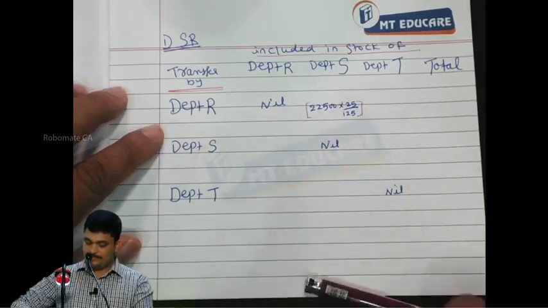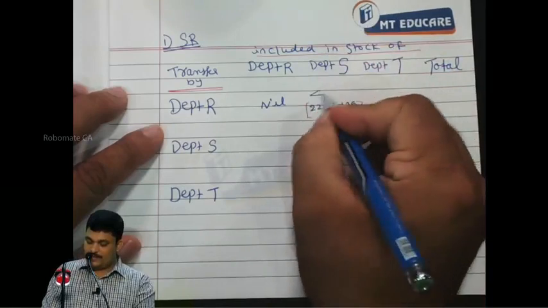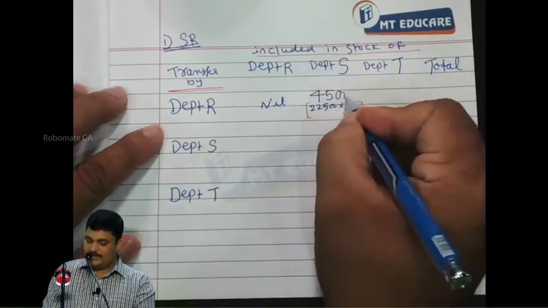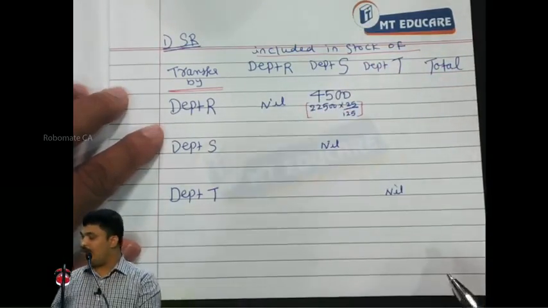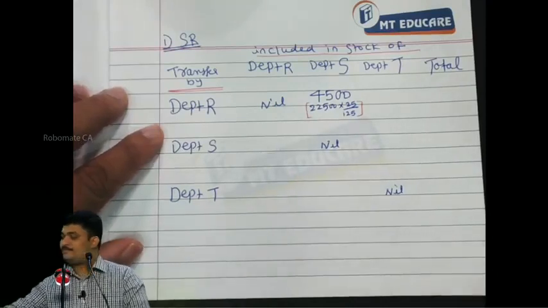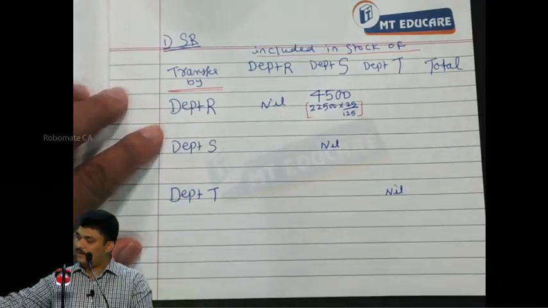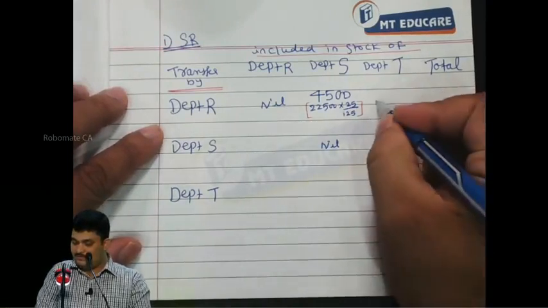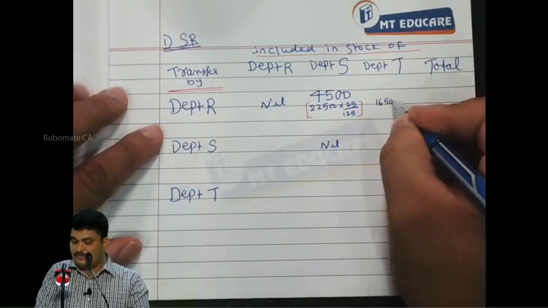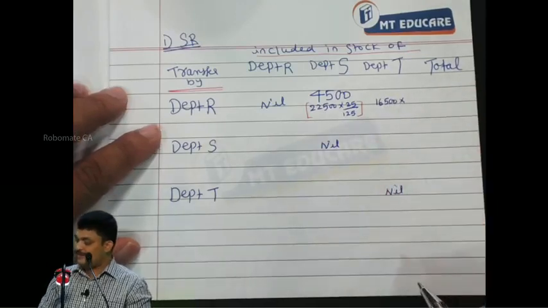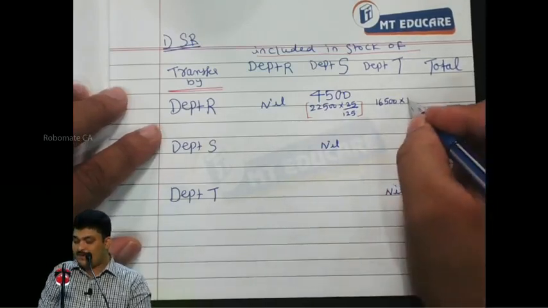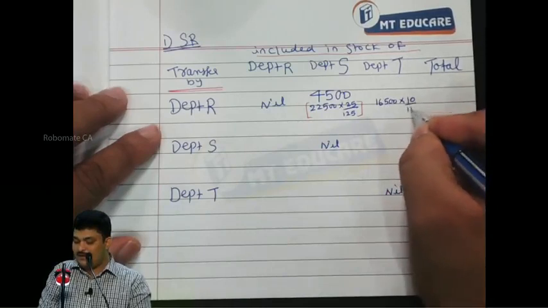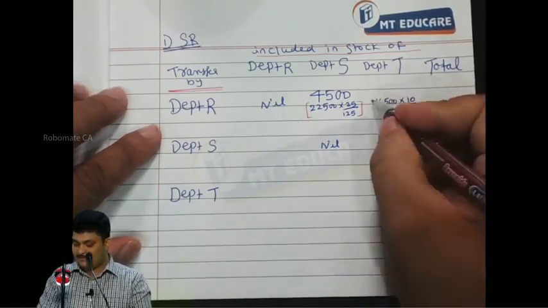How much? 4,500. Then R to T, 16,500. What is the margin, friends? 10% on cost. 10 by 110.